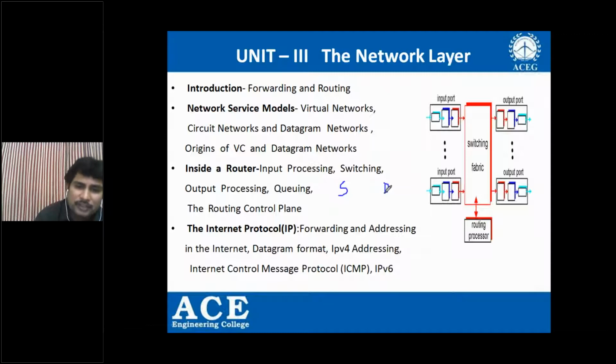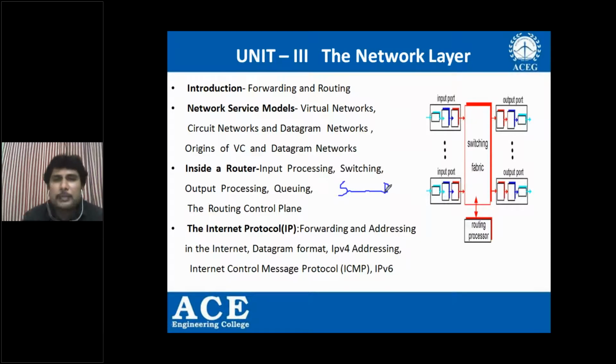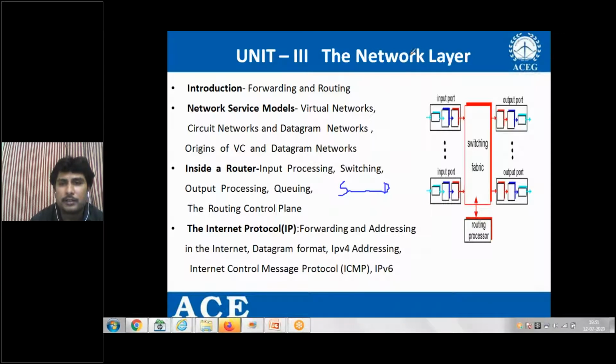So before transmitting the data, a dedicated path has to be established between source and destination. If the dedicated path exists between source and destination, you are going to refer to that type of networks as circuit networks.